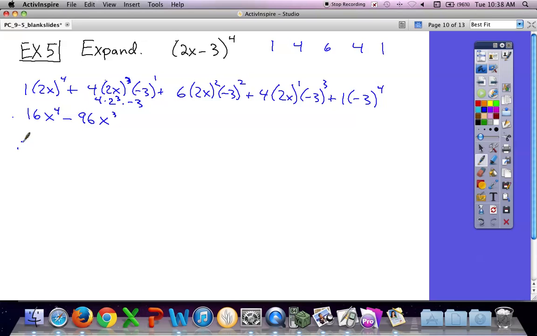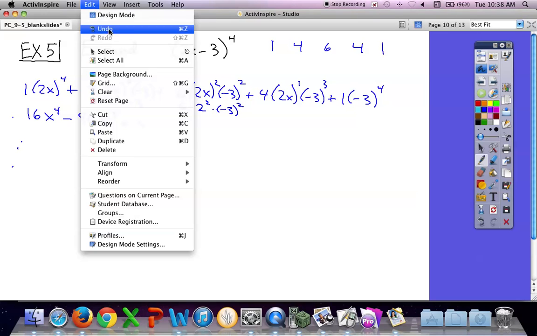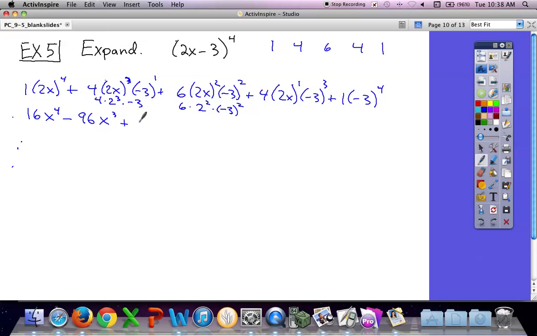The next term will be 6 times 2 squared times negative 3 squared. That's 6 times 4 times 9, which is 216. So that's plus 216x squared.